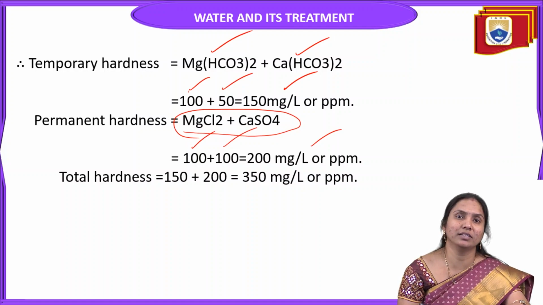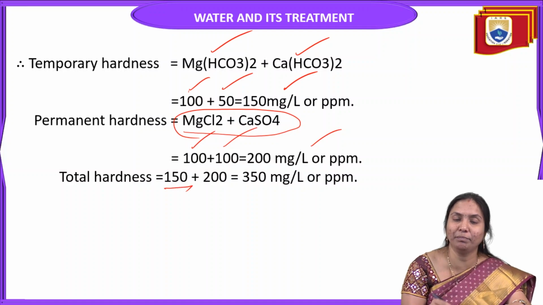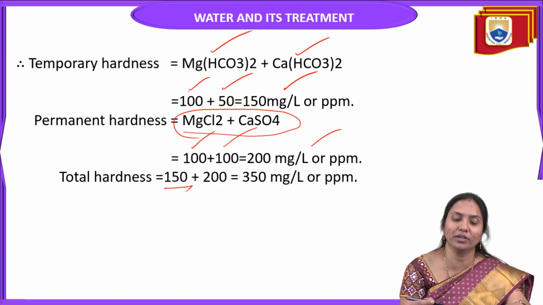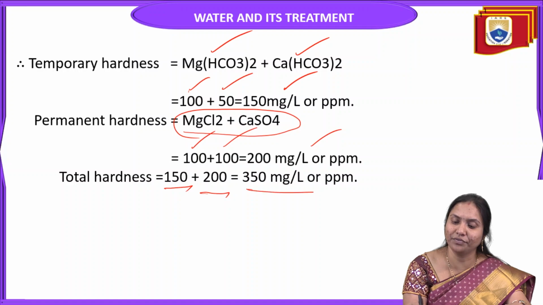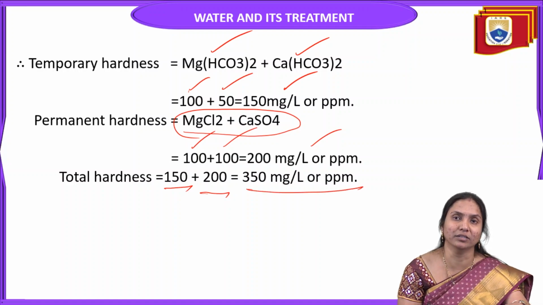Total hardness means temporary hardness plus permanent hardness. Temporary hardness is 150 ppm and permanent hardness is 200 ppm, so total hardness is 150 plus 200, equal to 350 milligram per liter or 350 ppm.